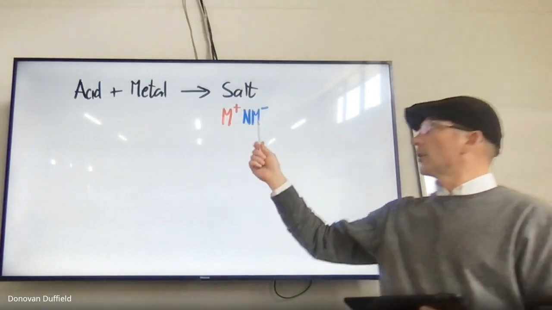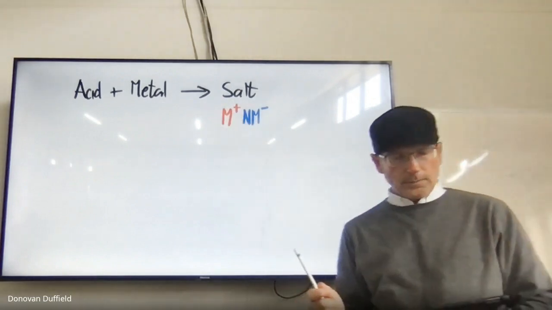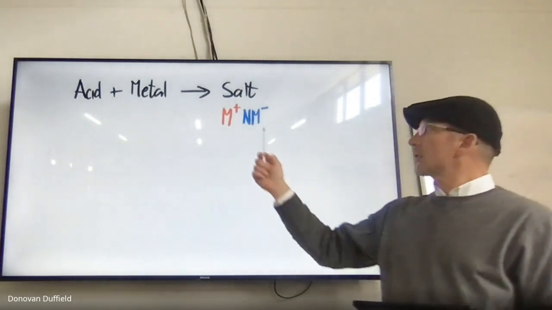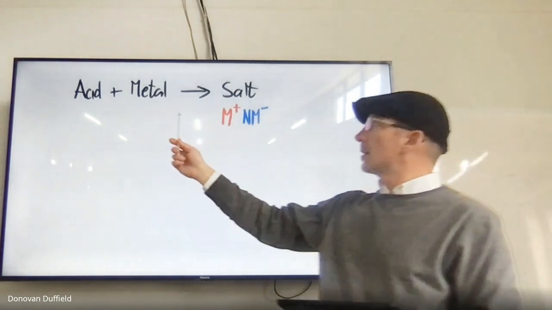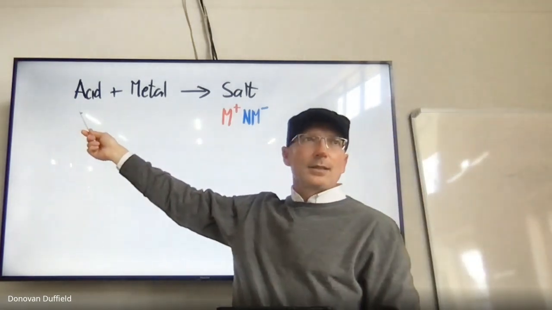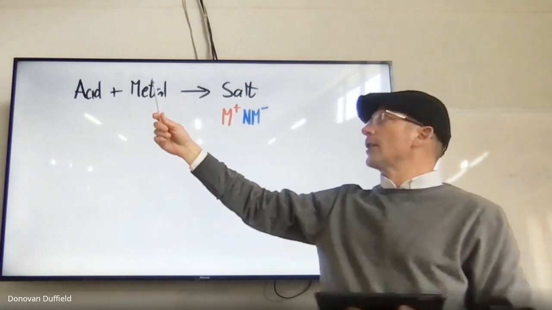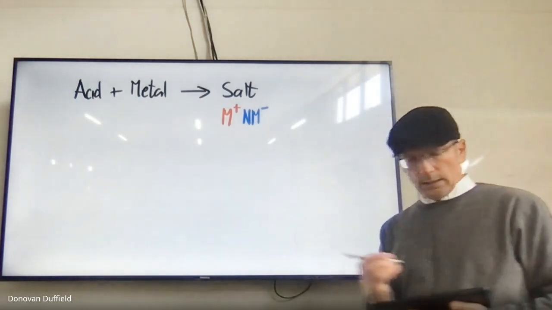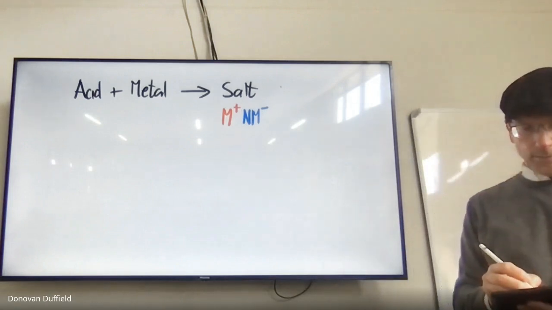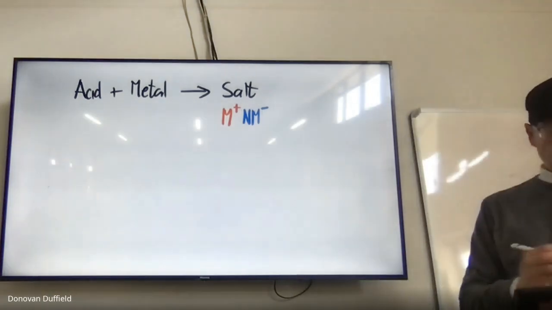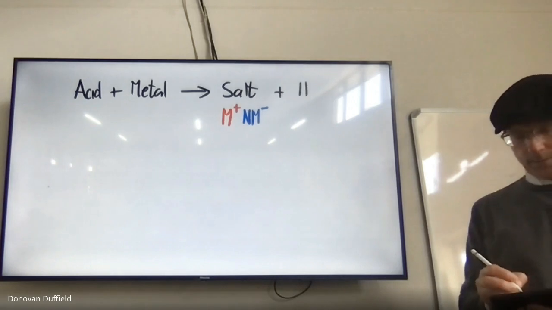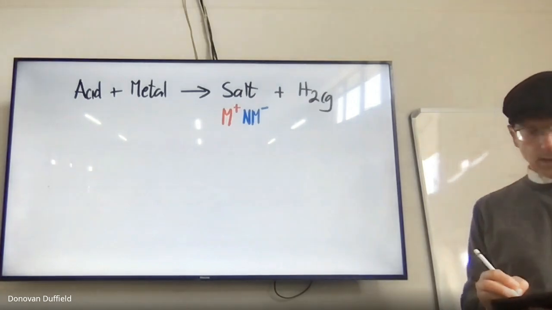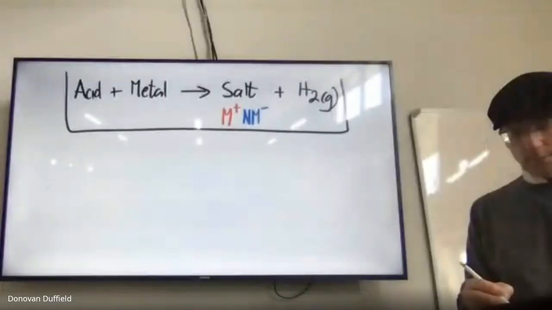A metal ion and a non-metal ion together form a salt, right? The salt comes from the fact that the hydrogen in the acid gets displaced and replaced with the metal, forming the salt. And in doing that, it forms hydrogen gas. Okay, so that is the one template reaction.